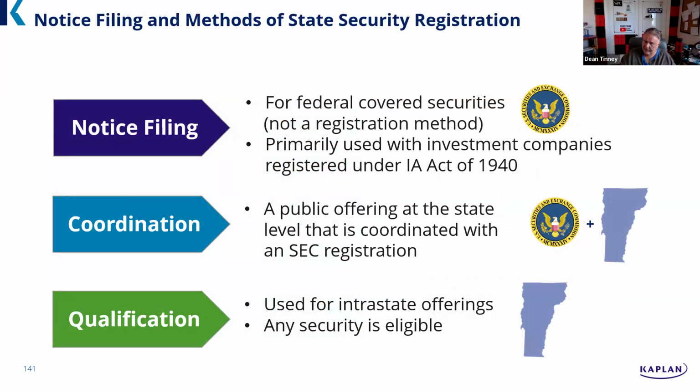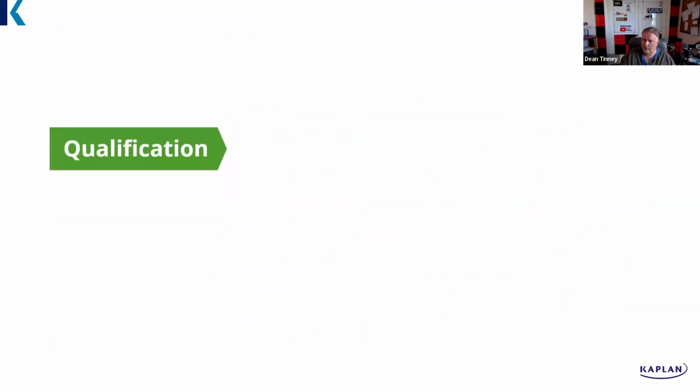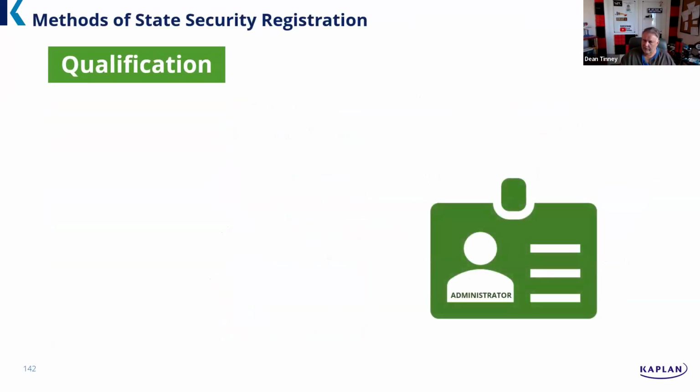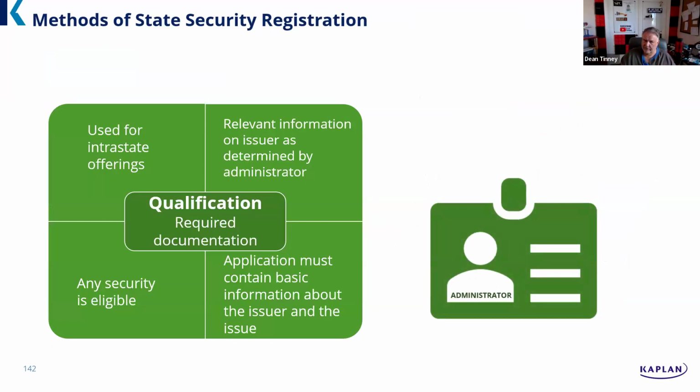Any security is eligible. And again, now I say to the state administrator, how do I qualify Del Taco restaurant properties to sell to residents of your state? And whatever they ask me for, I say yes, sir, or yes, ma'am, right? So they say, Dean, we'd like some relevant information about Del Taco restaurant properties. We'd like to know kind of what you're up to.